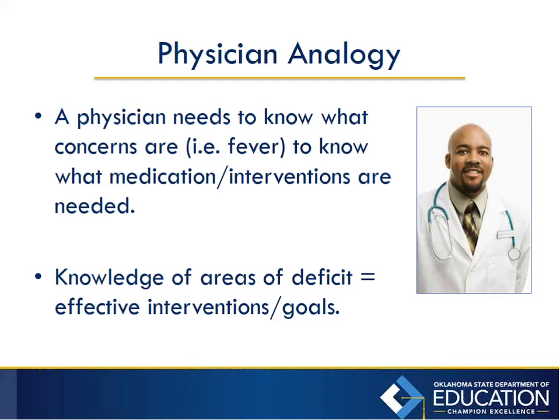What are the known areas of deficit, or what are your strengths? Because that will help us make a determination of how to appropriately intervene. Or in this case, if it's a doctor, they would be providing medication or maybe just some guidance or suggestions. So it's important when you're thinking about present levels to know the areas of needs and strengths so that the rest of the IEP can be developed appropriately.